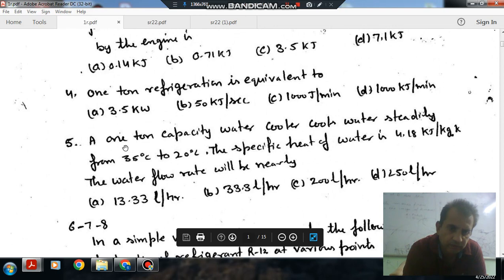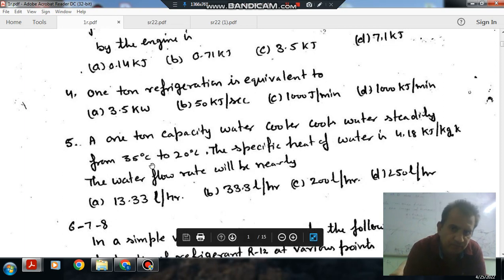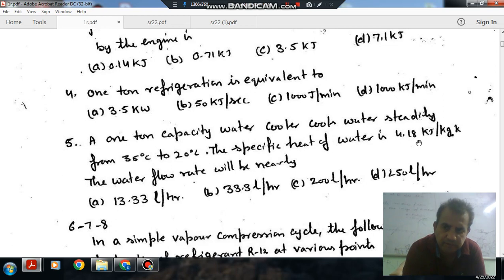Question number 5: a 1 ton capacity water cooler cools water steadily from 35 degrees Celsius to 20 degrees Celsius. The specific heat of water is 4.18 kilojoule per kilogram per degree.